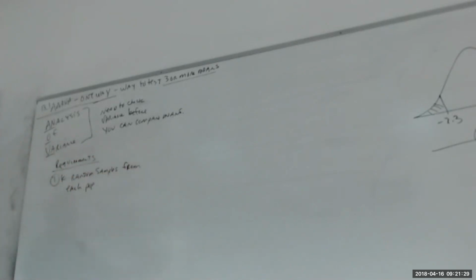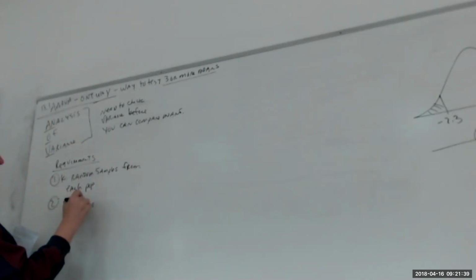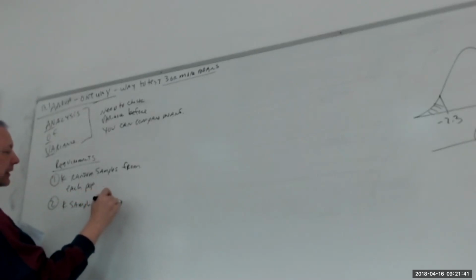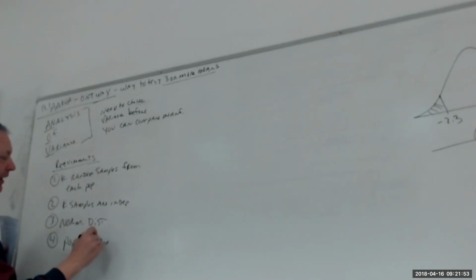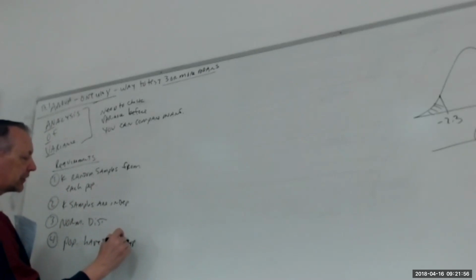So K has got to be at least 3 before you can do an ANOVA test. Okay, 3 or more. Number 2, the K samples are independent. Number 3, they are normally distributed. And number 4, we're saying that the populations have the same variance.